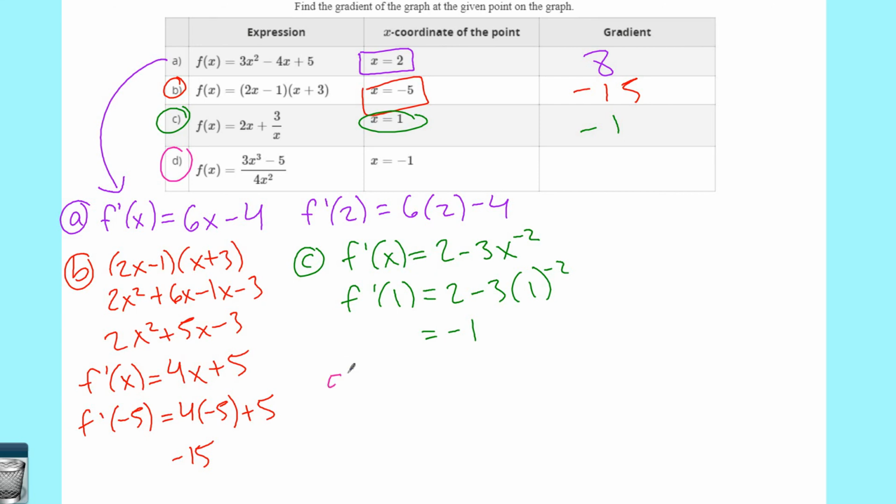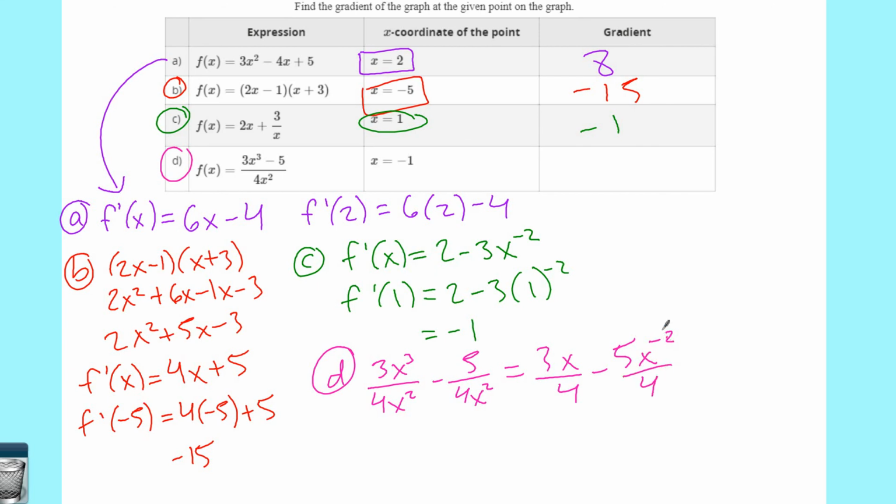Alright, so part D. We are going to first divide each one of those. So 3x cubed over 4x squared minus 5 over 4x squared. So really you want to visualize that as 3x over 4 minus 5x to the negative 2 over 4.